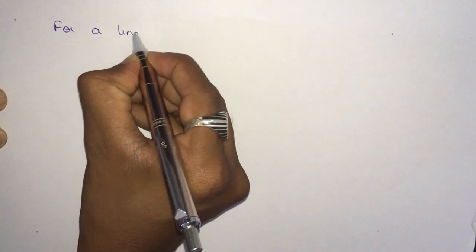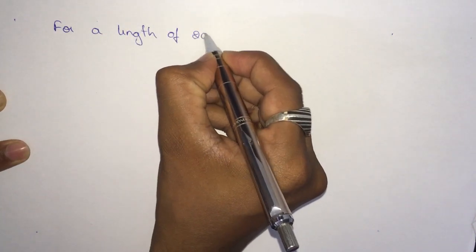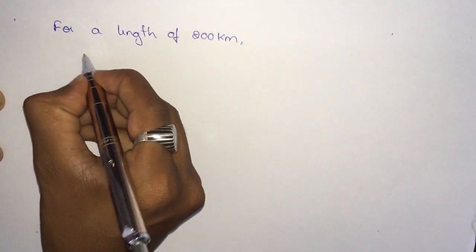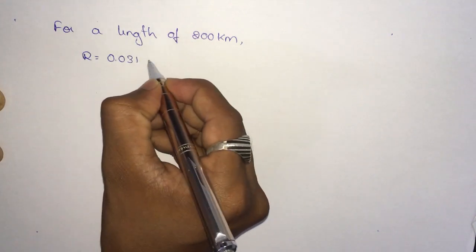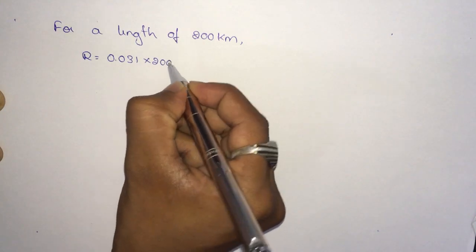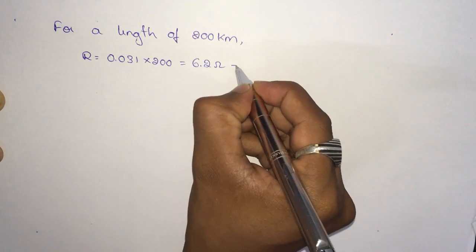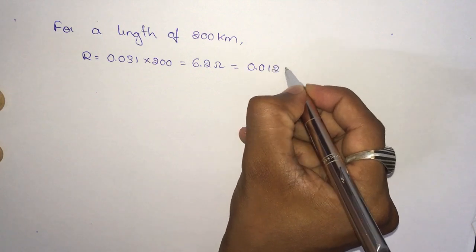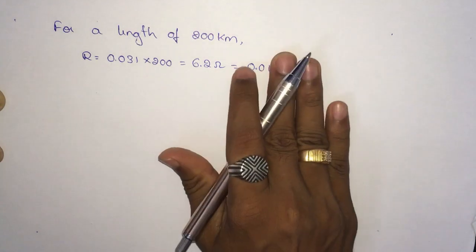For a length of 200 kilometer, R is equal to 0.031 into 200, which is equal to 6.2 ohm, which is equal to 0.01281 per unit.